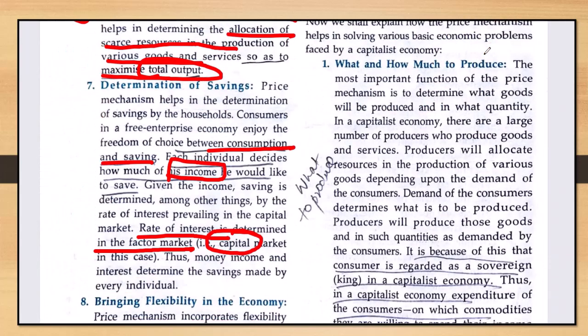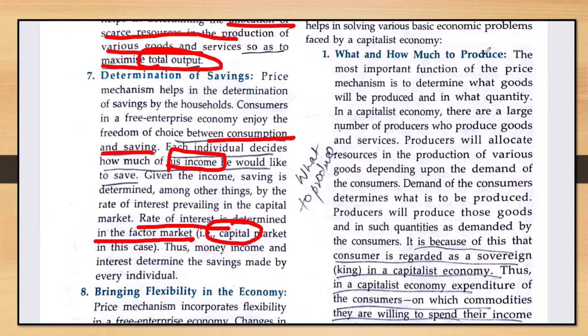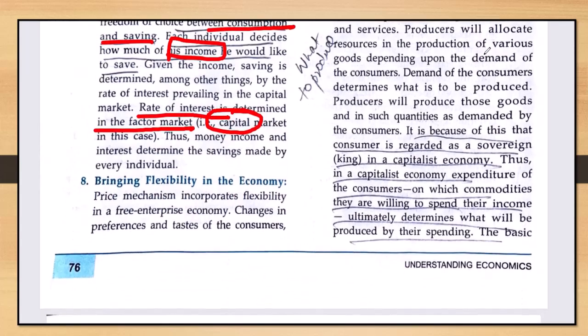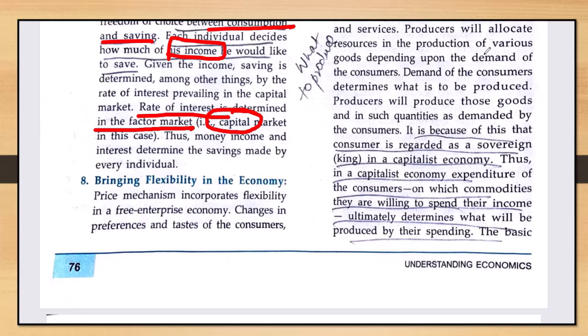What and how much to produce. We all know that this is basically about determining which commodity to produce and in what quantity. But how is it different in this capitalistic market? How does this price mechanism help to make the decisions of what to produce? It is because the consumer is regarded as the sovereign king in the capitalistic economy. We have read that the consumer is the sovereign king.